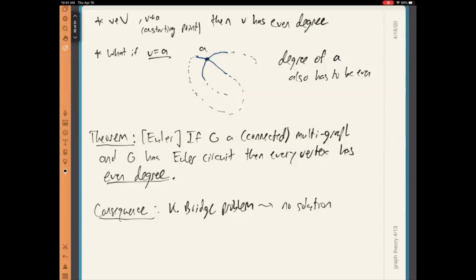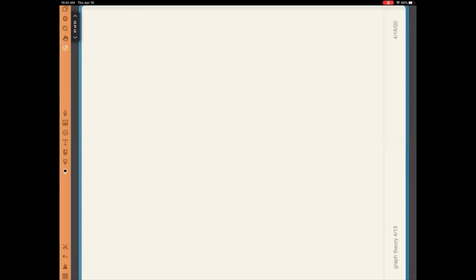You can see the picture and you can check that every vertex has even degree. Well, under this additional assumption, is it possible to solve the bridge problem? So is it possible to find an Euler circuit through the path? And so this is what's called a converse of the theorem we just proved. And so this is what we're going to talk about next. It turns out that this actually is true. Right, so the converse is the following theorem.